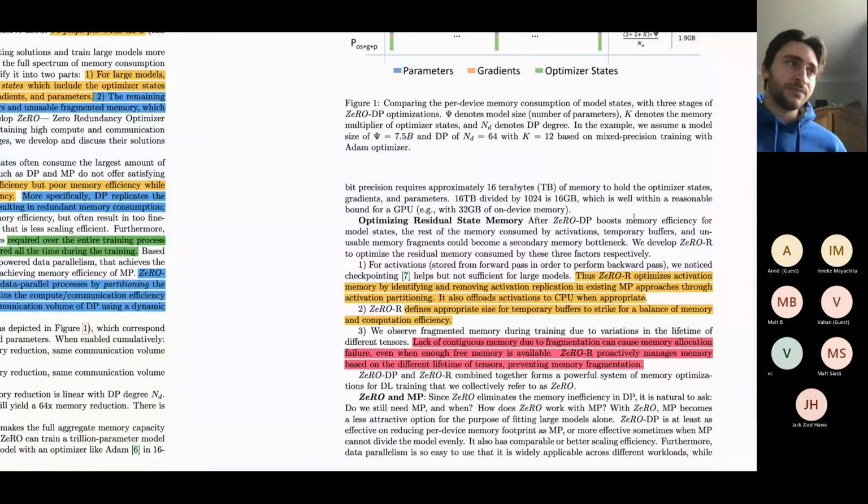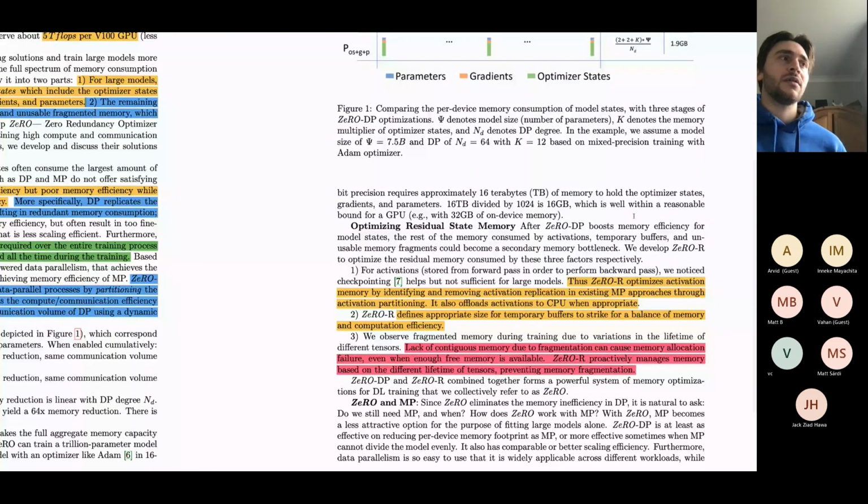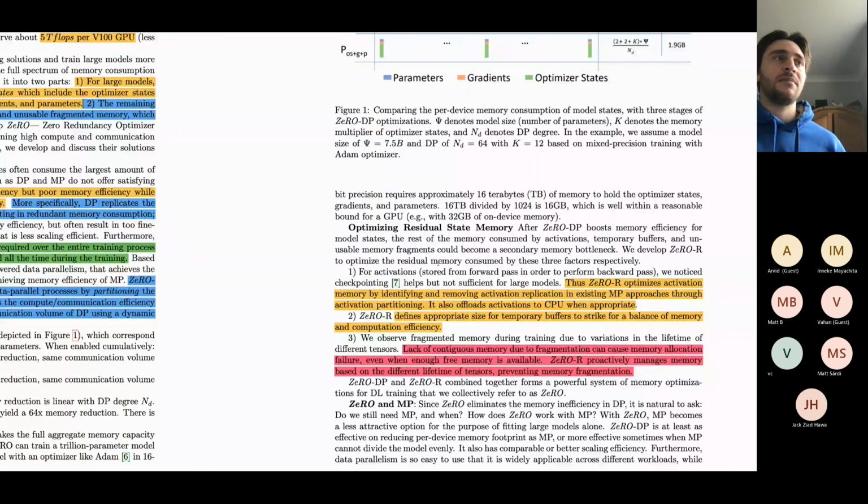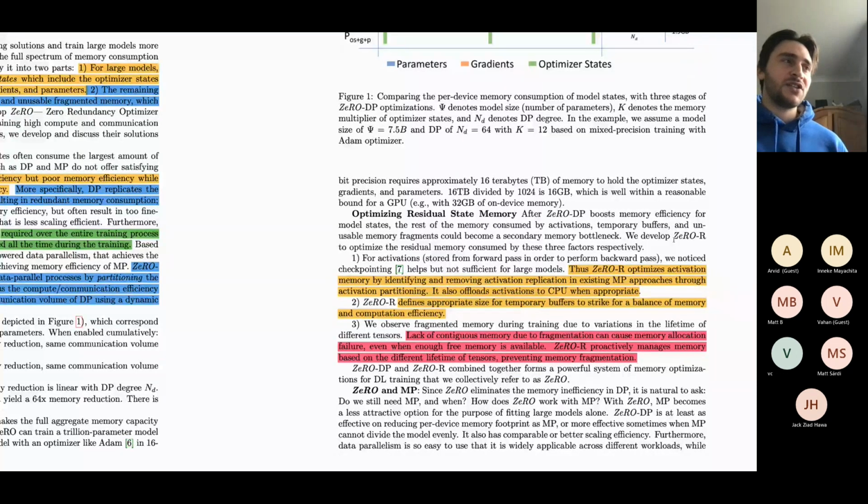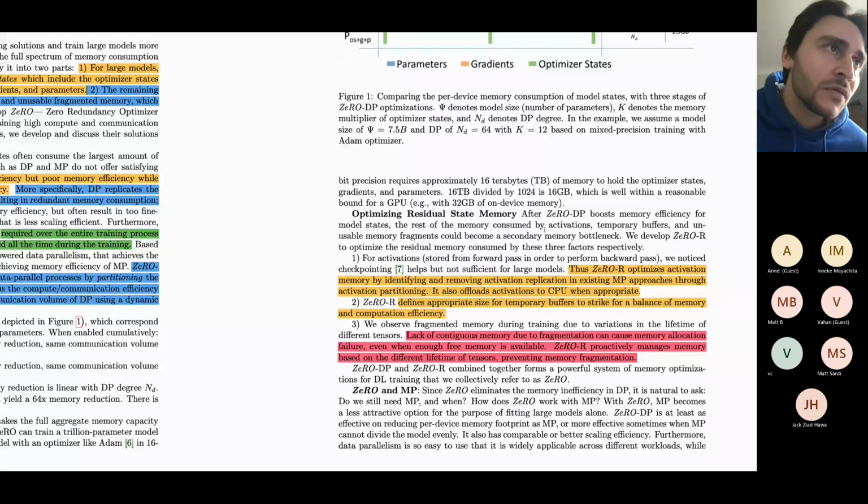And so they also provide a method which they call ZeRO-R, for zero residual, I'm guessing. And what they do is they again have 3 stages for activations. What do they do?